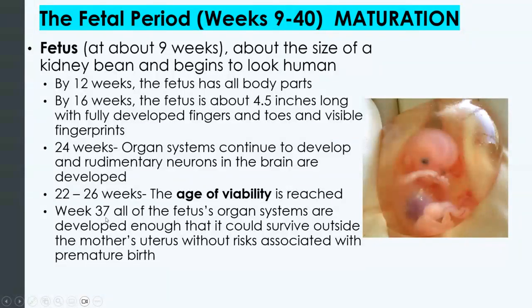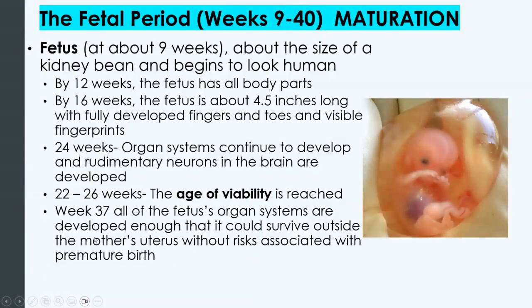And then the fetus reaches the age of viability. The age of viability is the age at which that fetus might be able to survive outside the womb. So if it was born between 22 to 26 weeks, after reaching the age of viability, it has a much higher survival rate than if it was born before the age of viability.